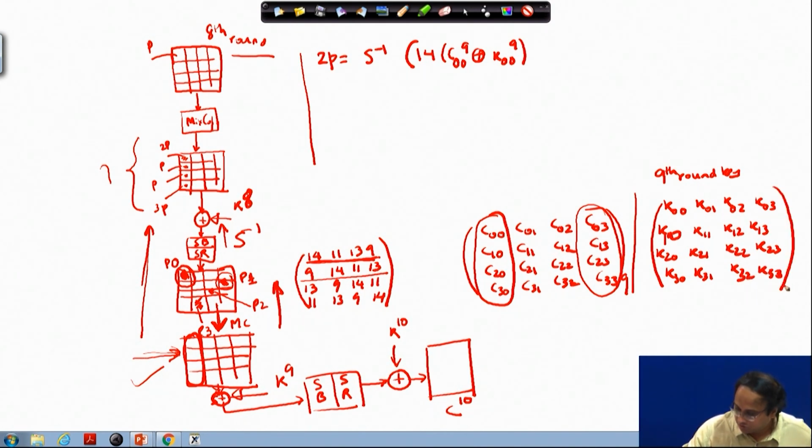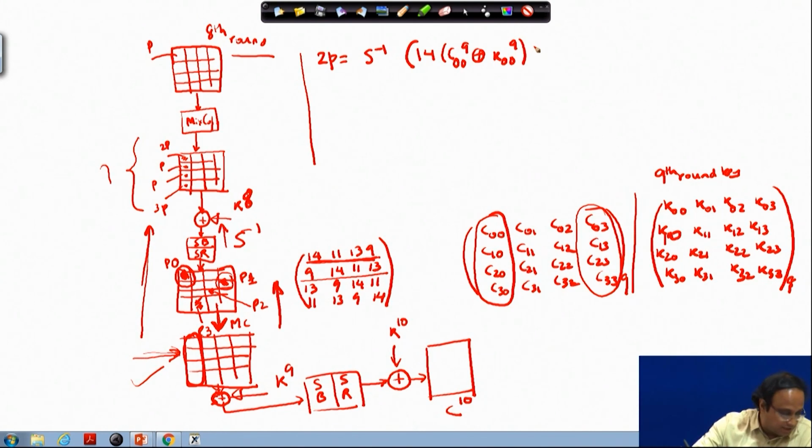Okay, this is your 9th round key. We will see how this 9th round key propagates to become the 10th round key. But right now I am just considering the 9th round cipher and the corresponding 9th round key, and therefore I can XOR them and come to this position.